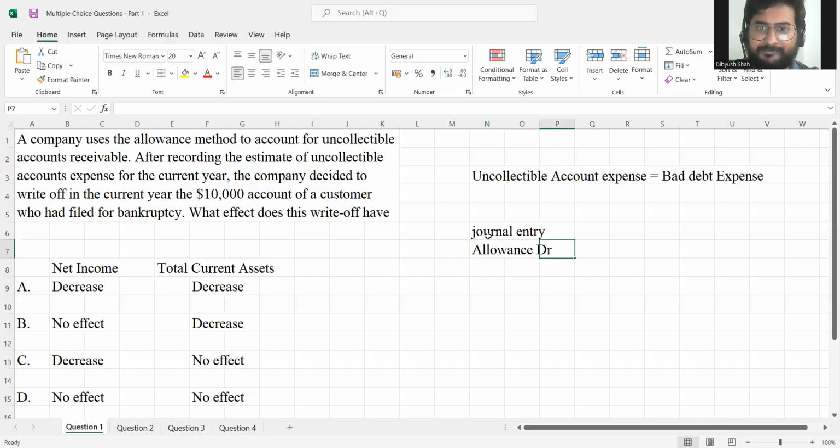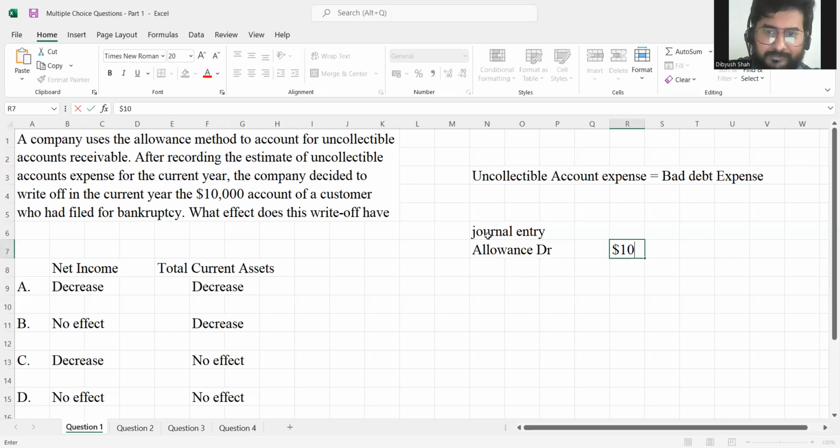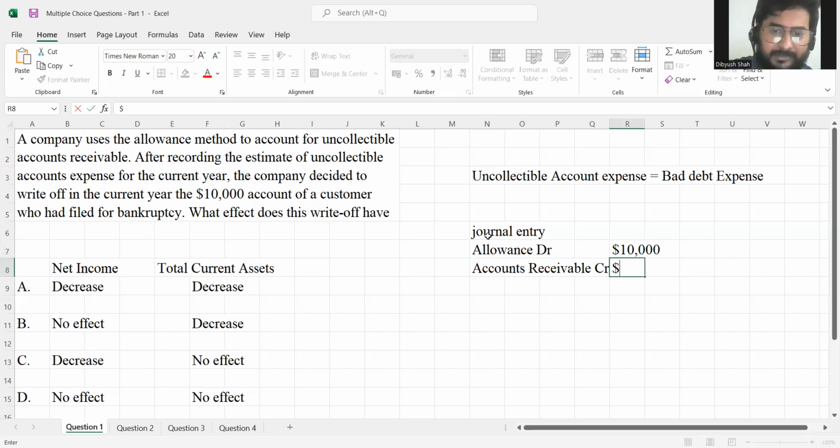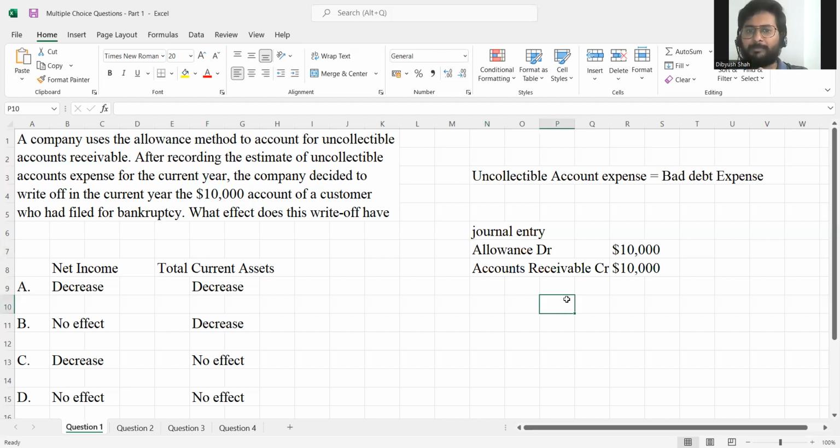Allowance debit $10,000, and accounts receivable credit $10,000. So the journal entry for write-off will be allowance debit, accounts receivable credit by $10,000. What effect does this have? So two options are given, net income and total current assets.